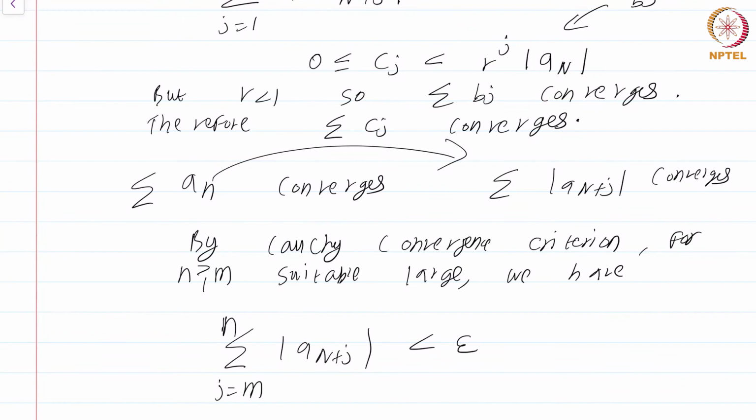So I must say fix epsilon greater than 0. This is simply because summation mod a_(n+j) converges.